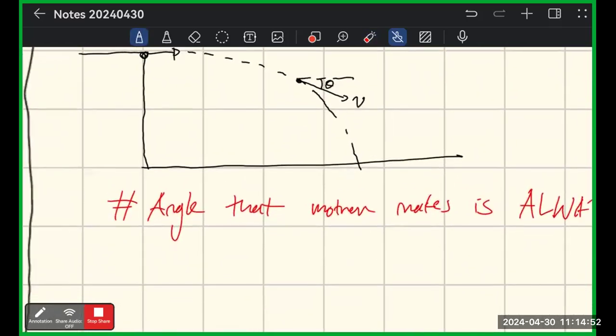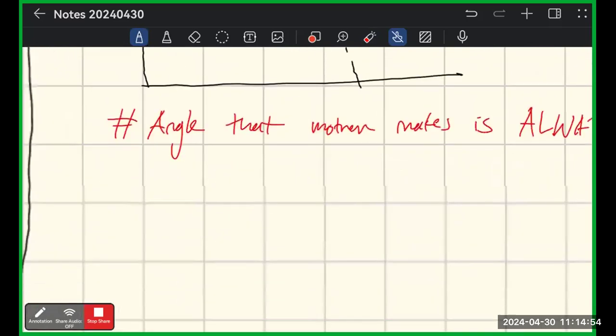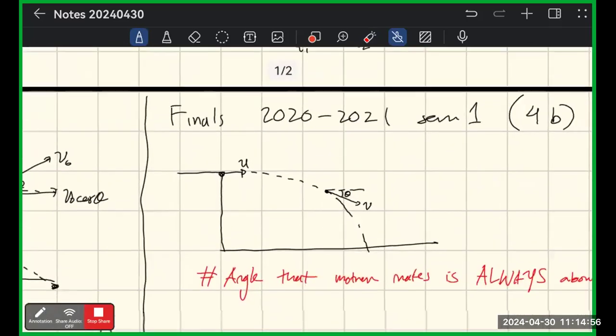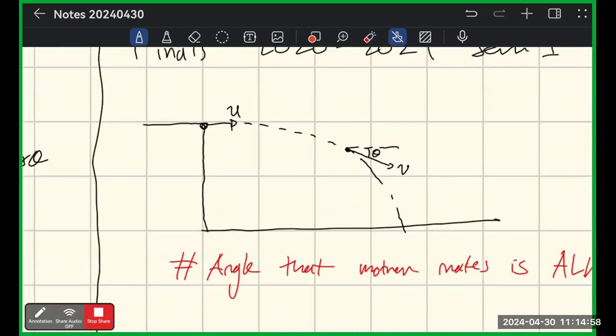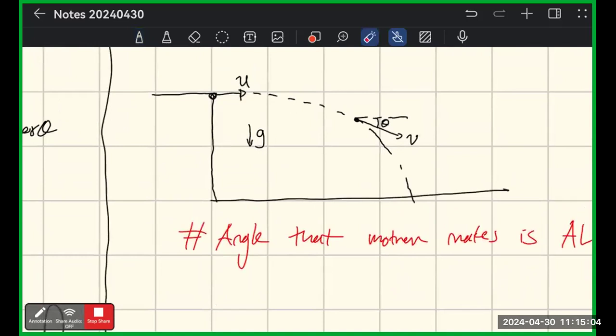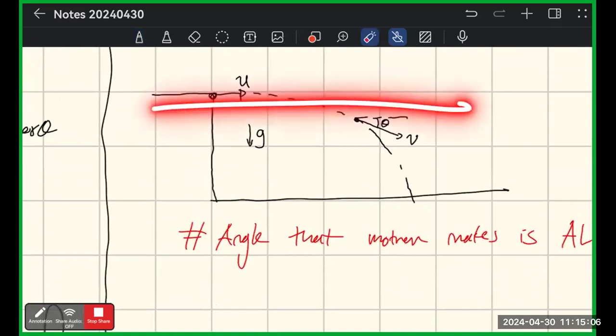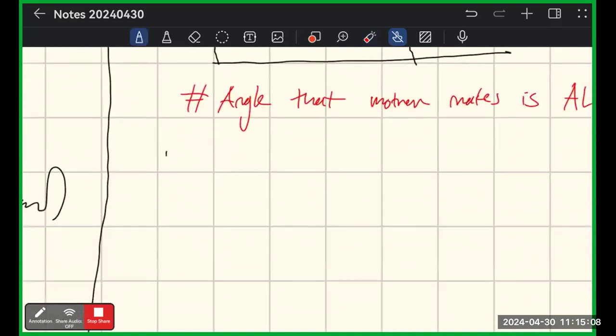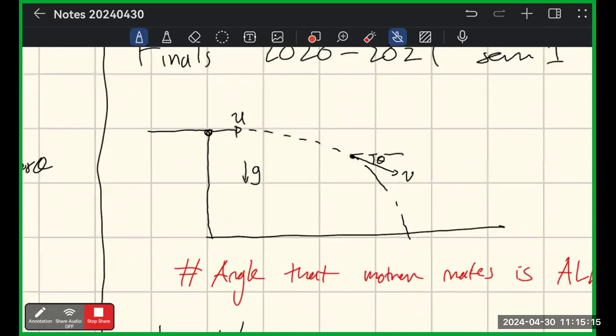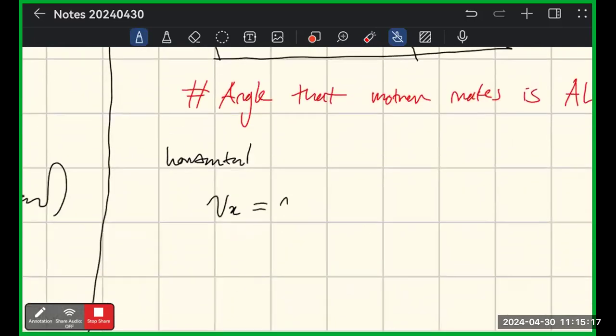The first thing you have to do is understand that in this kind of question we have the downward acceleration, which is g. But because there's no acceleration in the horizontal direction, vx is always equal to the initial horizontal velocity, which is u.